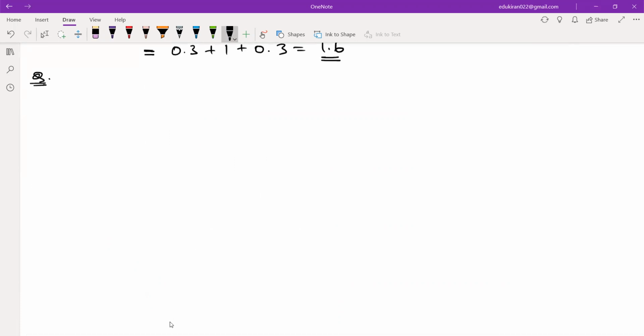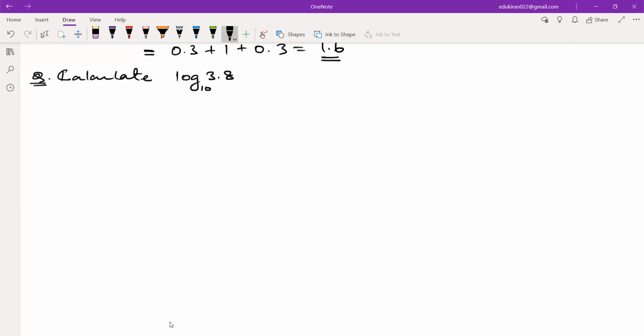So what I'm doing, I'm just calculating log of 3.8. I'm not taking any new number, I'm just putting a decimal point here, 3.8.